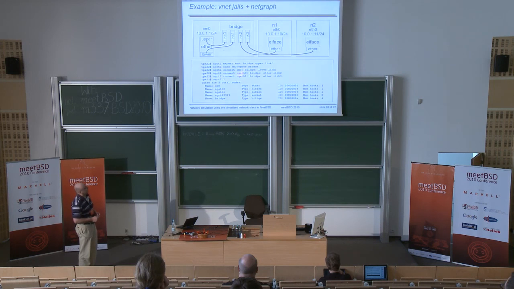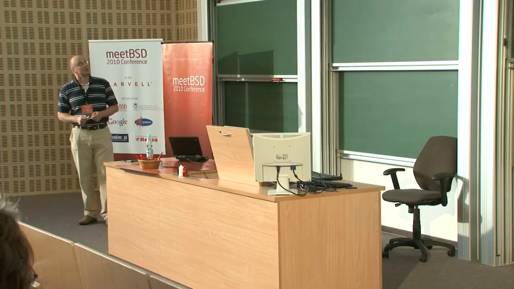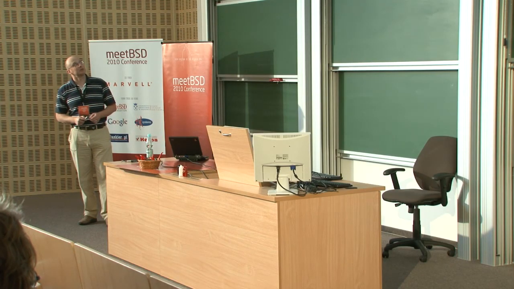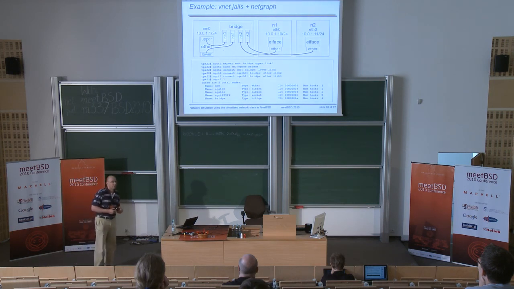And then we can connect ng_ath0 and ng_ath1 to the corresponding hooks of the bridging node. So we have assigned those interfaces to the jails n1 and n2, but they have still remained visible in our hosting environment as netgraph nodes.